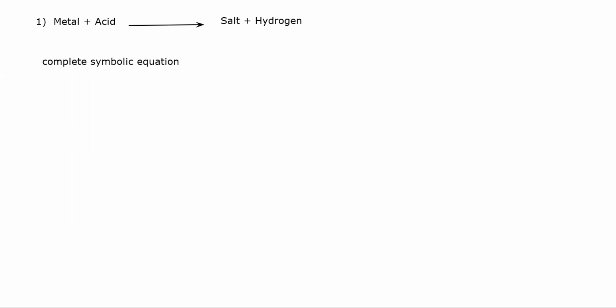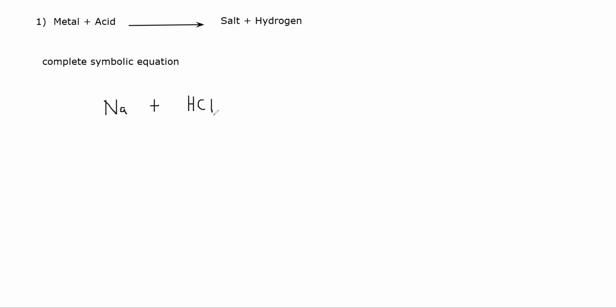For example, if I say sodium, which is Na, plus hydrochloric acid. What is the formula of hydrochloric acid? It is HCl. It's better you should know these formulas: hydrochloric acid HCl, sulfuric acid H2SO4, nitric acid HNO3.